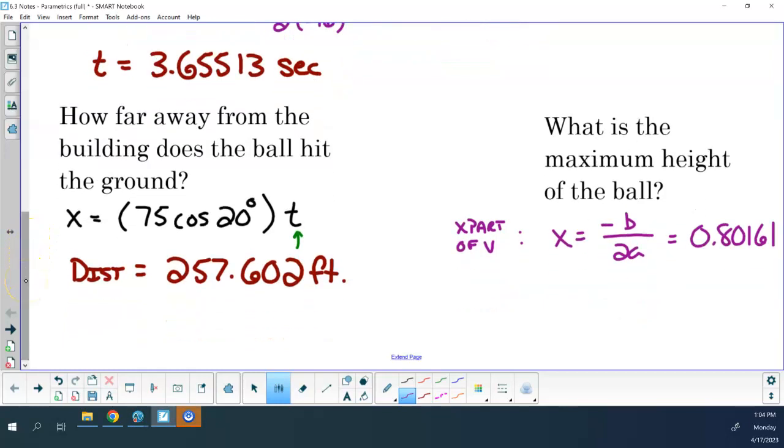So then I can put that time into my y part, negative 16t squared plus 75 sine of 20 degrees times t plus 120. Now I can substitute in for t there, and I can substitute in for t right there.